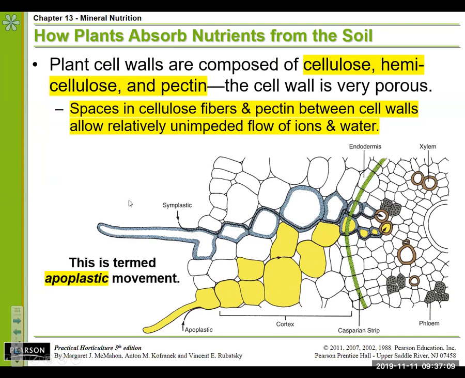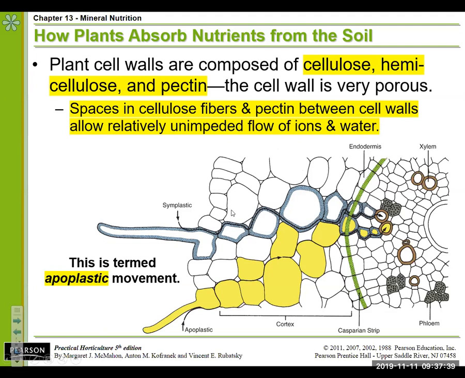And actually we have two different types of movement, symplastic and apoplastic movement, where apoplastic movement here is relatively unimpeded and is going between the cell walls, whereas the symplastic is moving within that membrane only and into the xylem.